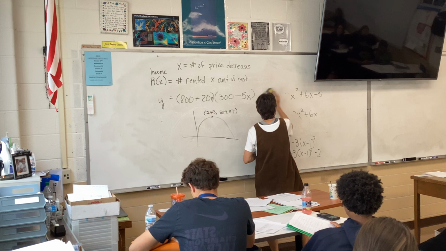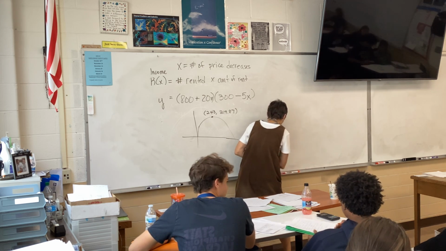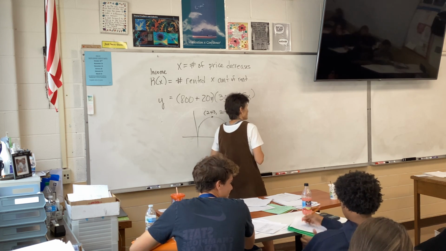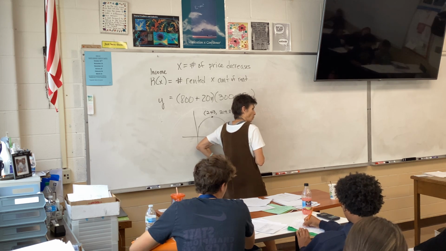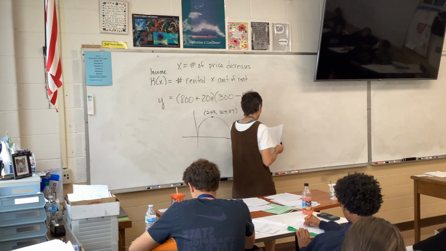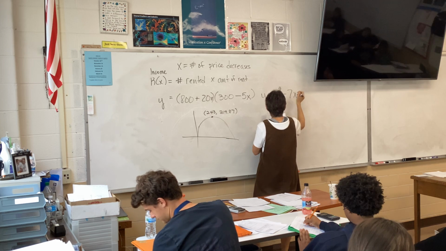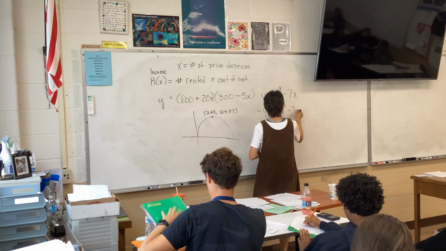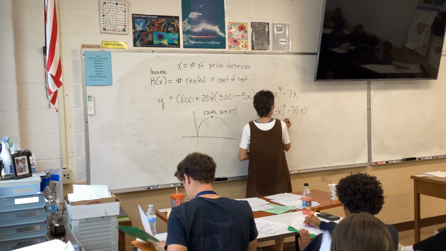What does odd mean? Symmetric about the origin. It has symmetry about the origin, which means that changing the sign on X is going to change the sign on Y. So I could take my original equation, put in a negative for both, clean it up a little bit.